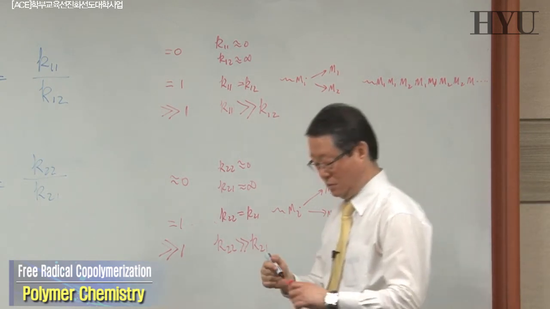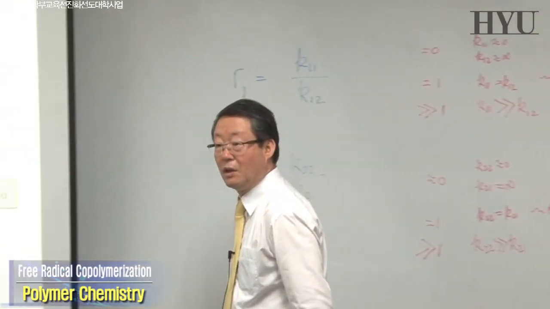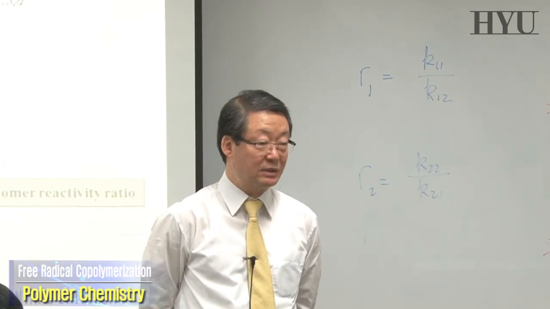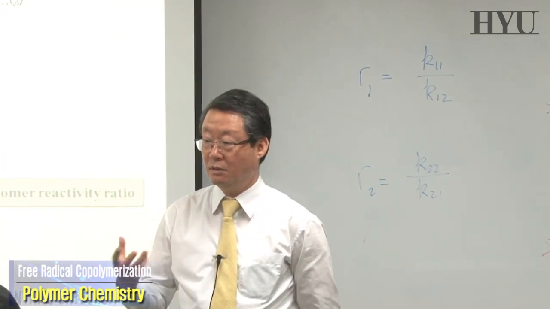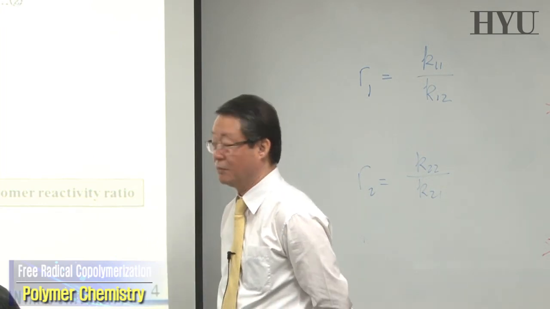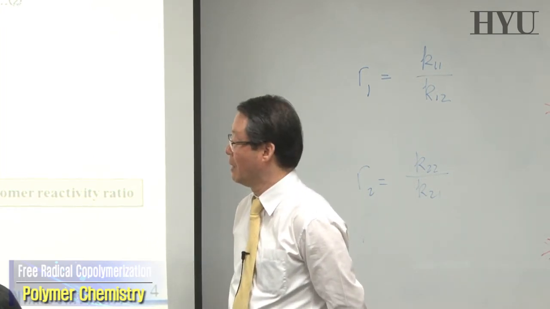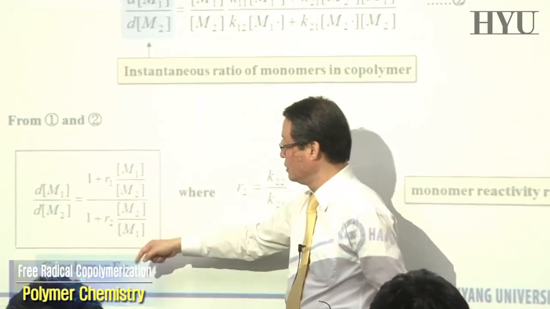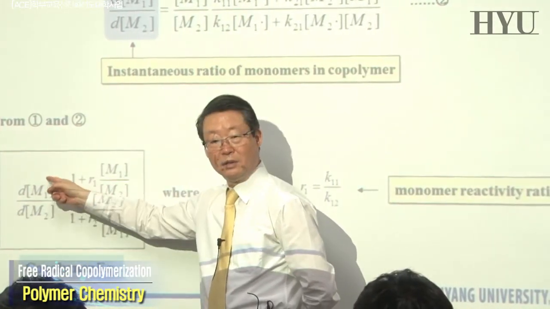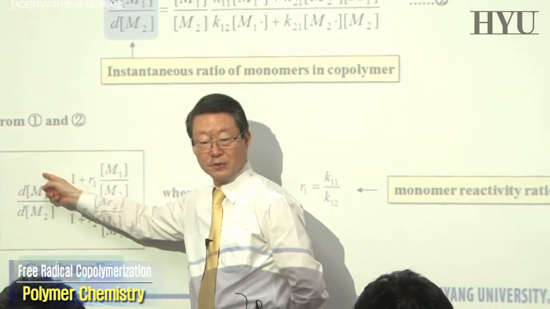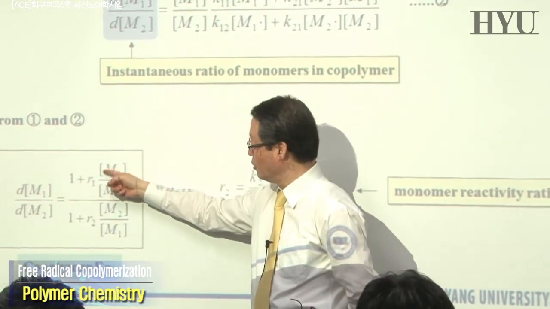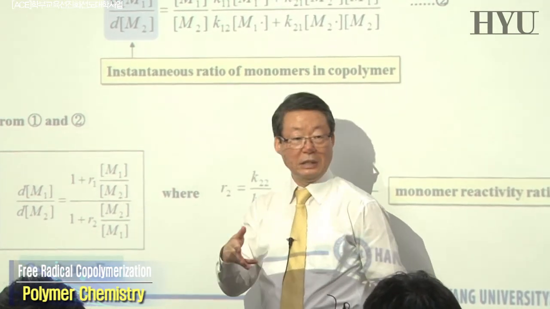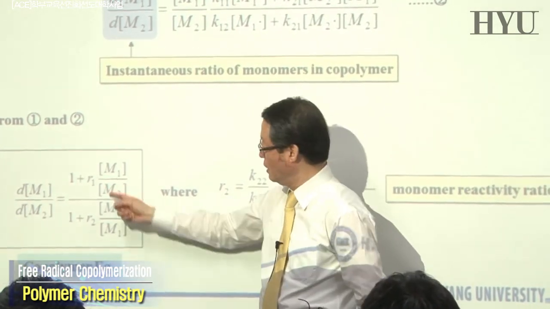So by knowing R1 and R2, you will be able to predict the composition of your copolymers. By knowing R1 and R2, you can predict the exact composition in your copolymer systems from the monomer concentrations that you put in the reactor initially, and R1 and R2.